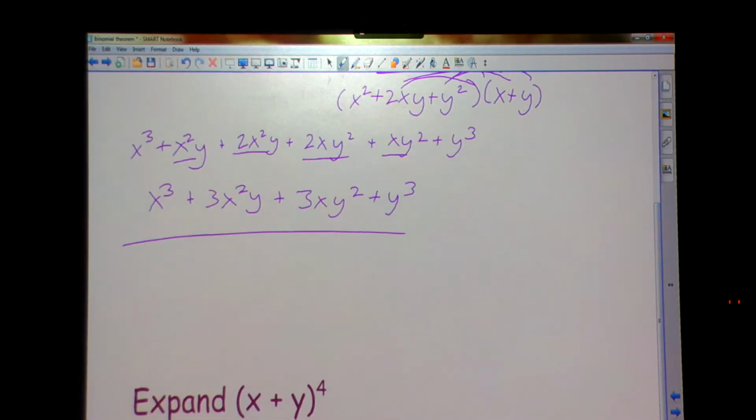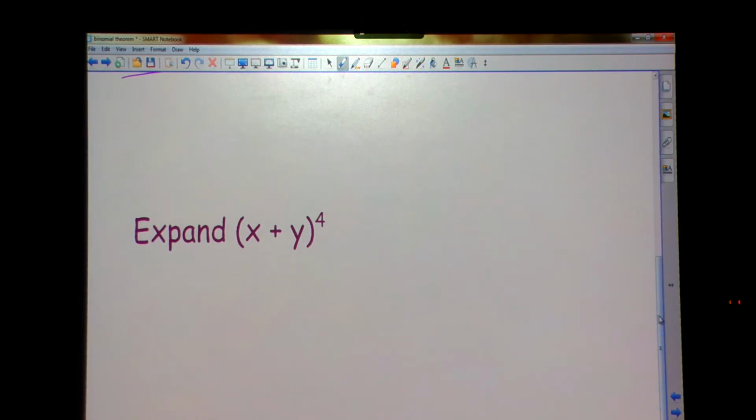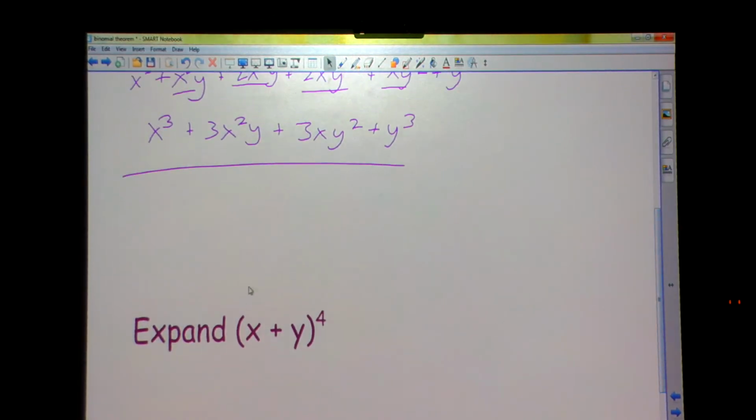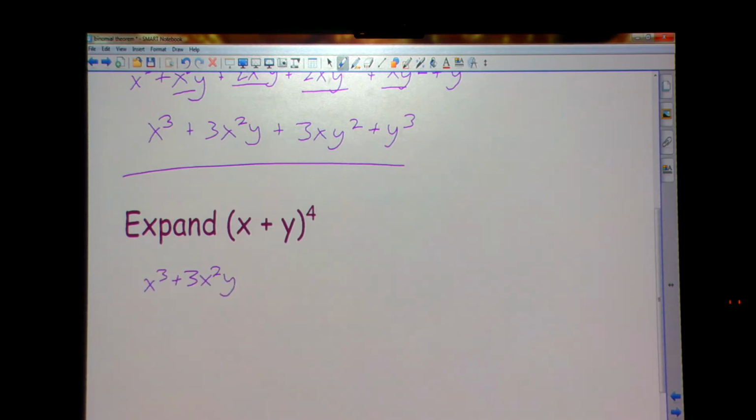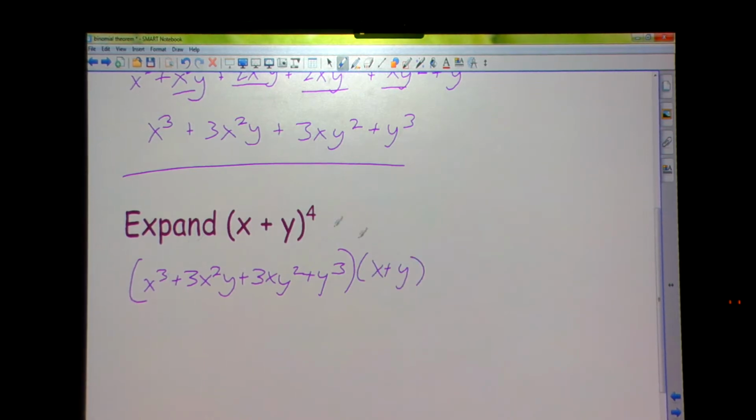And let's do the fourth. Which we know is x plus y times x plus y times x plus y times x plus y. So we need another x plus y. I'm going to take the answer I have there and multiply by another x plus y. So when I distribute my x cubed, I get x to the 4th plus x cubed y.